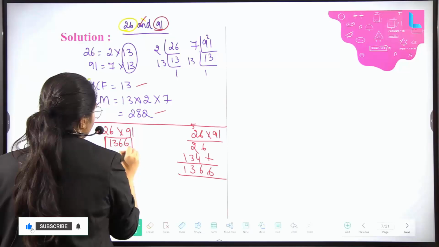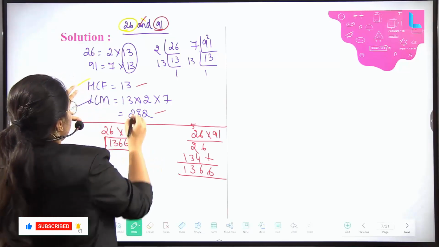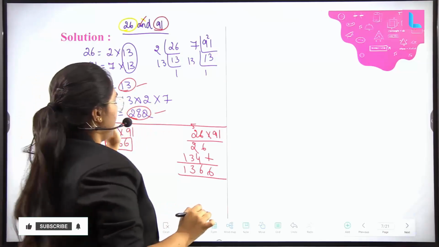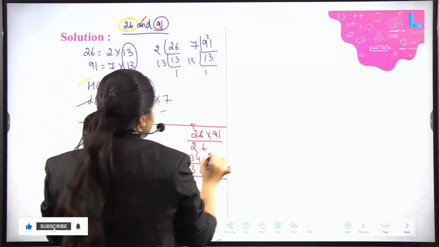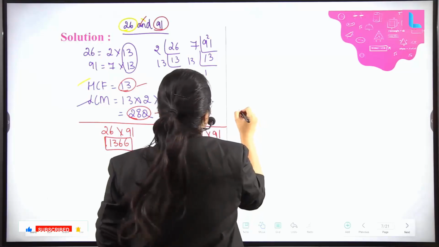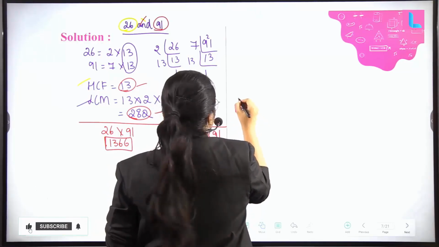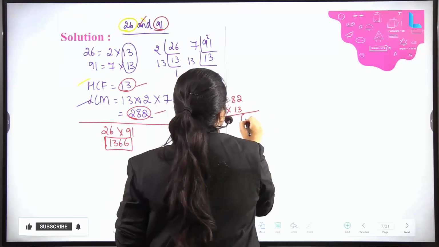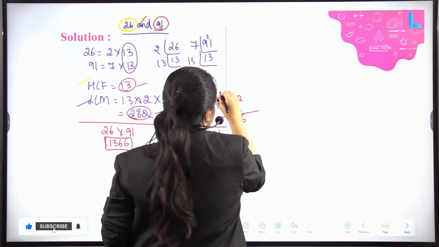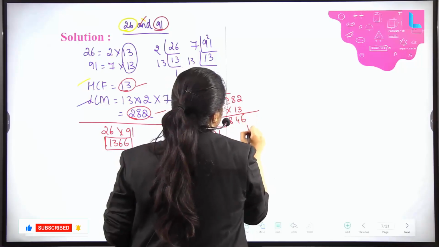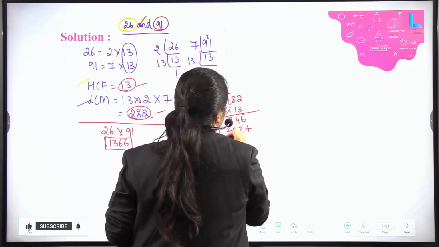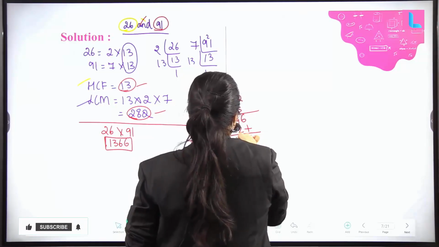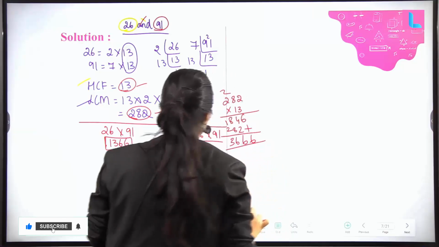The same number you should get when you multiply these two numbers, that is 13 and 182. If you don't get that, you have gone somewhere wrong. So let's just check this also. 182, 3 2s are 6, 24, 8, 2, 8, 2, 6, 6, 3 666.